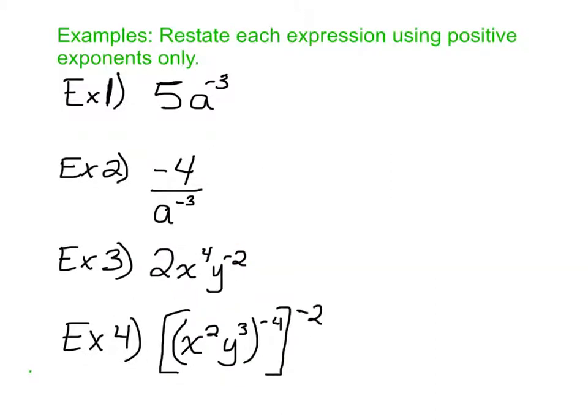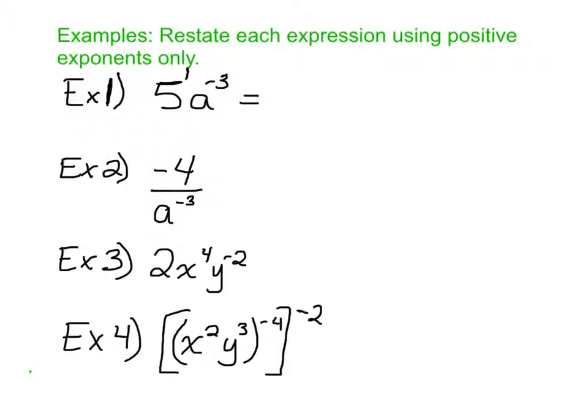Alright, let's look at 4 more examples that have a little bit more going on in them. The first example here is 5a to the power of negative 3. We want to write these expressions using positive exponents only so that they're more simplified. For example 1, 5 has an exponent of positive 1 and a has an exponent of negative 3.